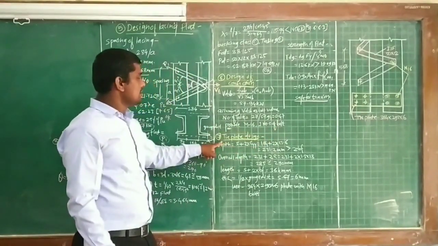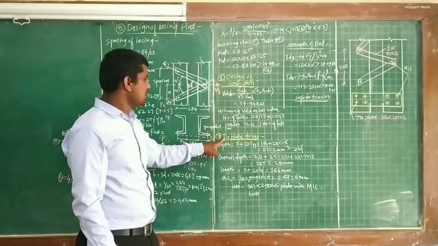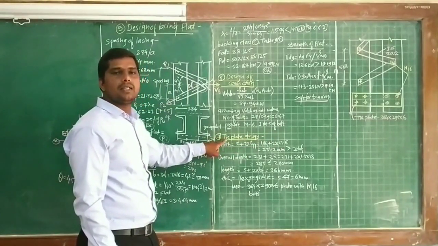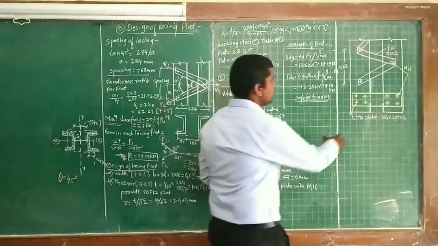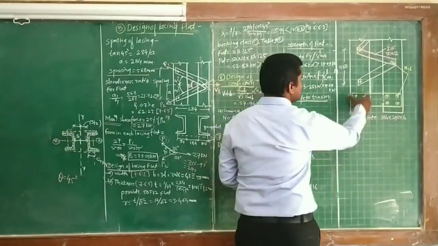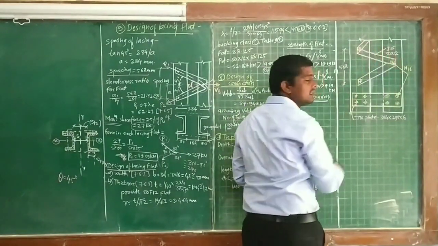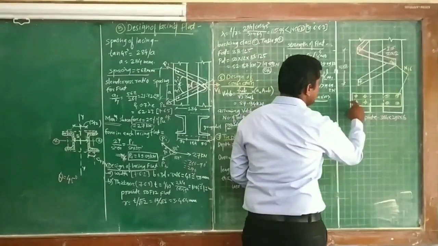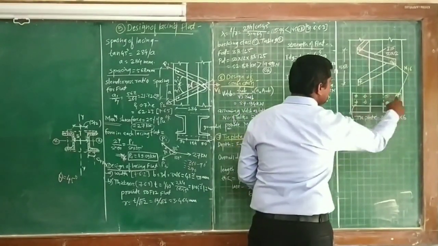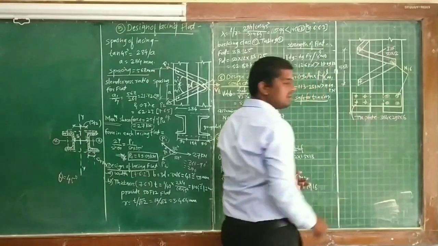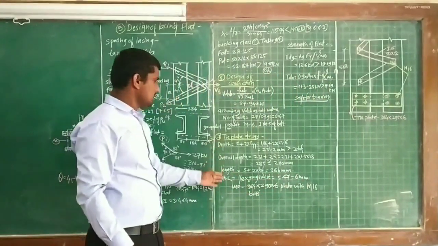Then the last step, that is the design of the tie plate. If you look at this final figure, there are two columns and this lacing flat plate is provided. At the bottom section we are going to provide the tie plate. For that we are going to design what the overall depth should be.